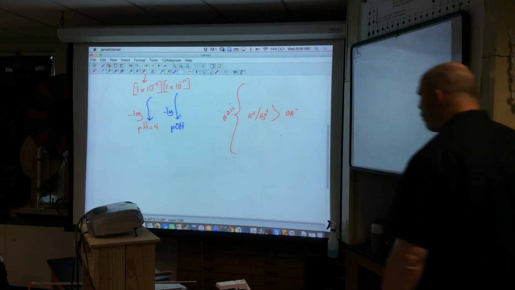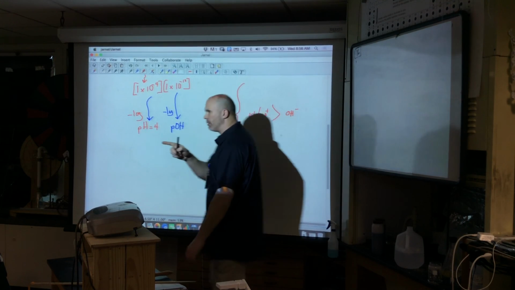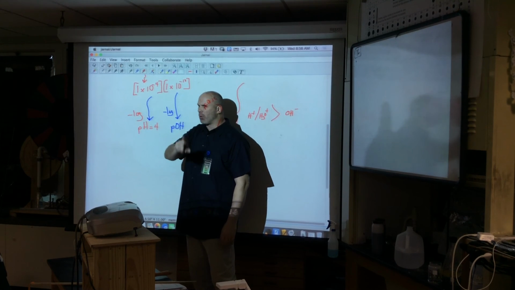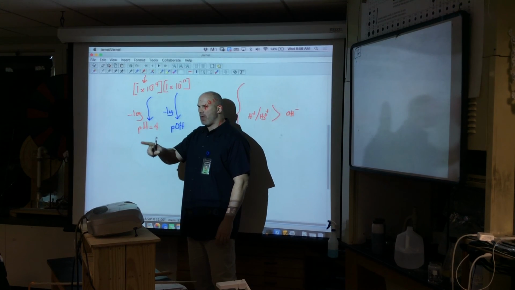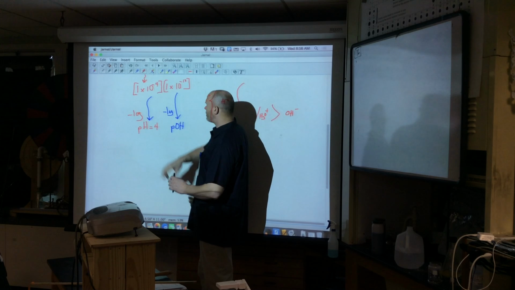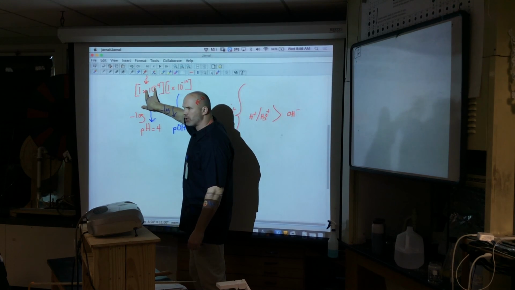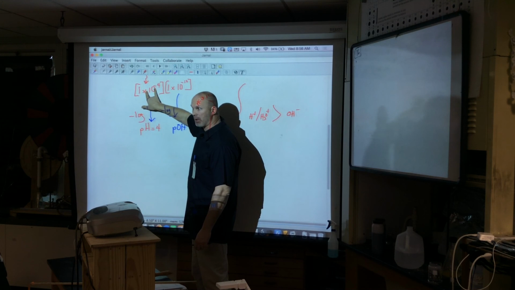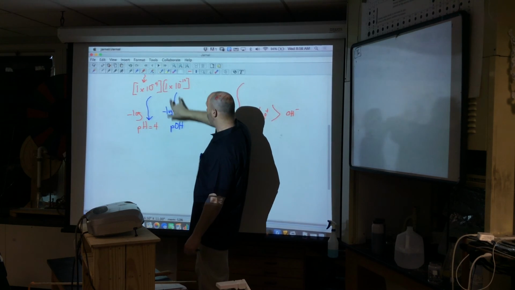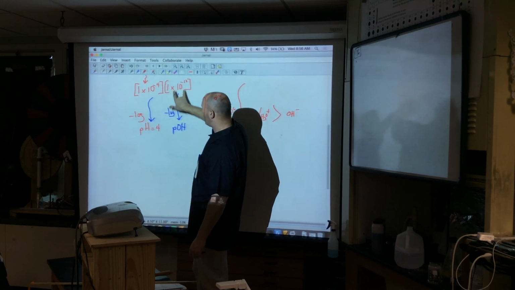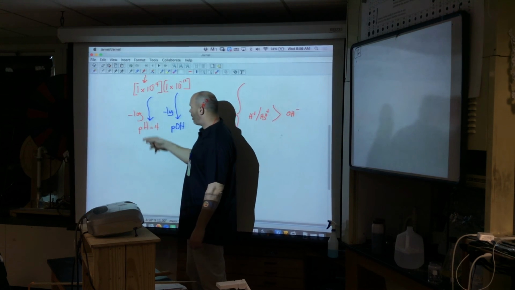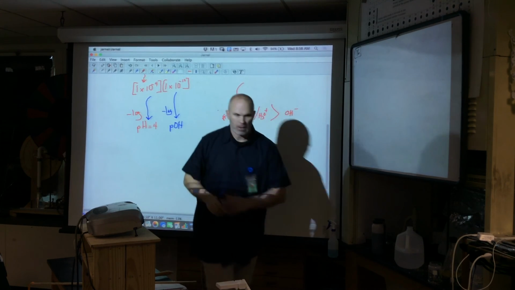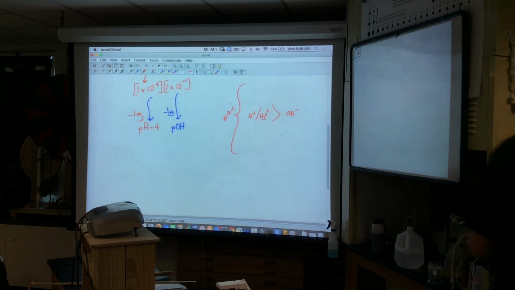Can you imagine an equilibrium problem where they give you the pH? Aren't they really giving you the concentration of the H plus ion? Yeah. So they're going to start you that way. If they give you the pOH, you can get the concentration of the hydroxide. But how do we go back? Well, we go negative log this way. To go back, we go backwards.